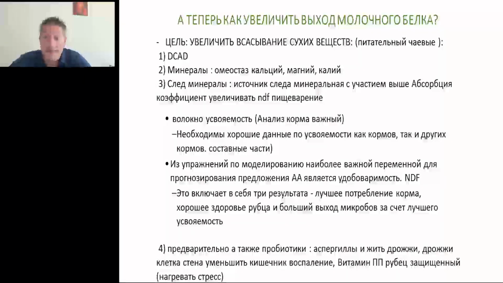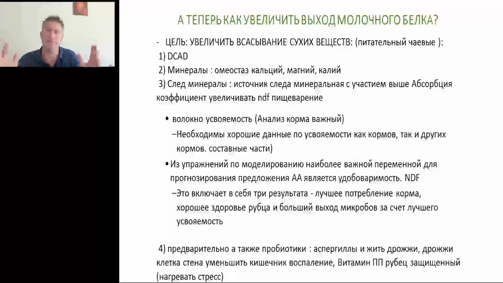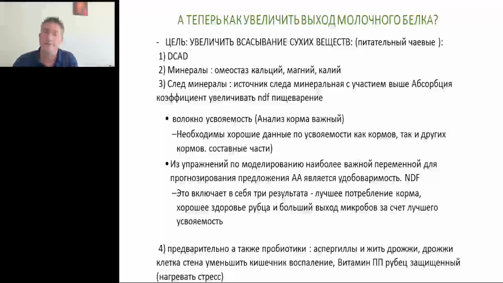Now, in this slide, I show how we can increase the milk protein yield. So not percentage, but yield, so grams per day of milk protein. First of all, we have to increase the dry matter intake. Especially in summertime, it's not easy because of heat stress conditions, but we can consider 4 points that I have touched here.